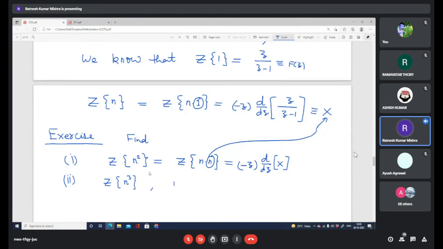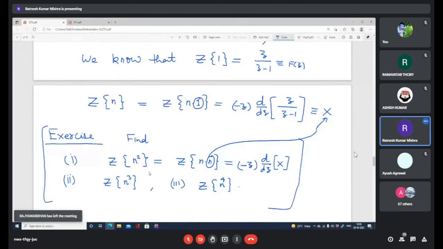And third one, Z transform of n to the power 4. So these are all exercises for you.